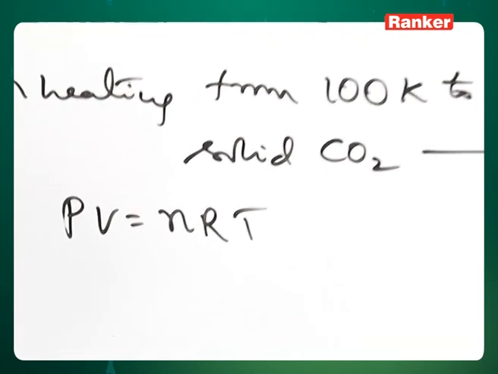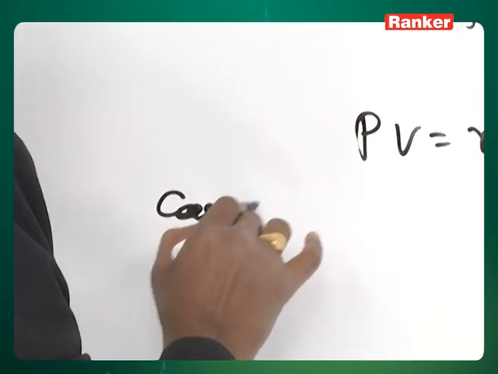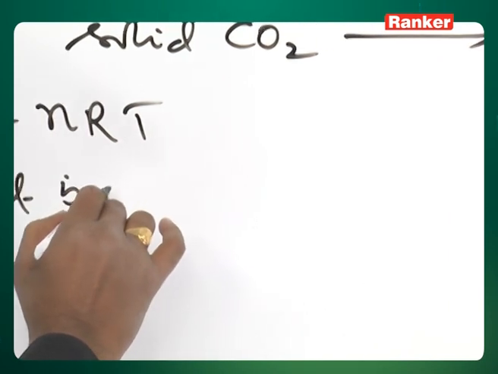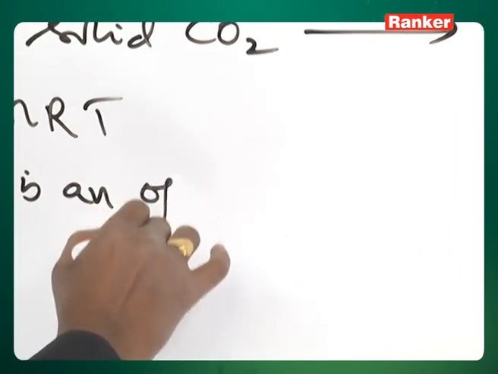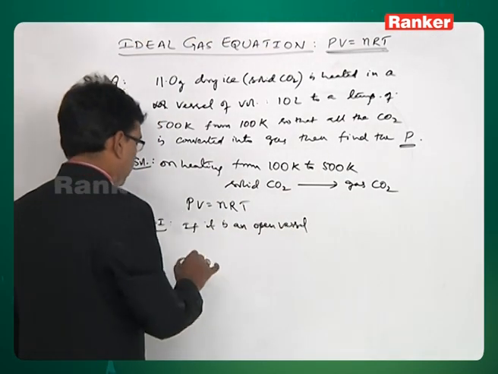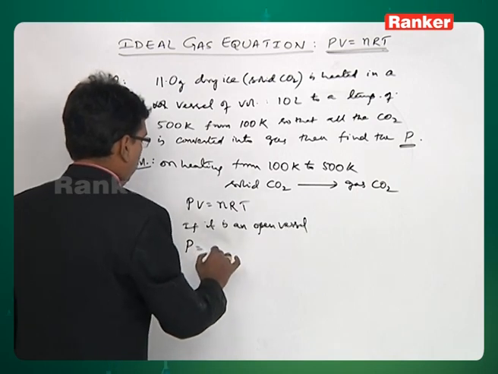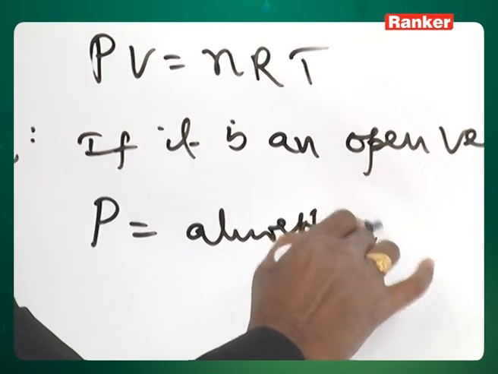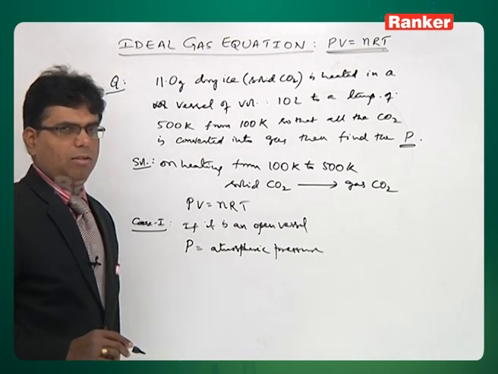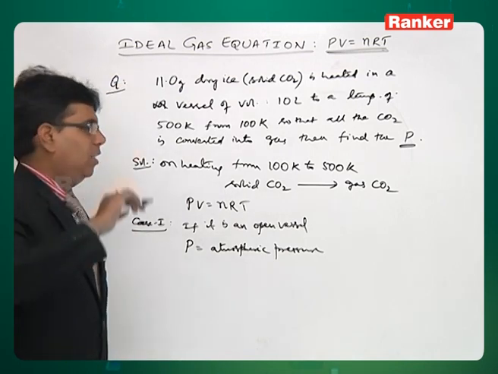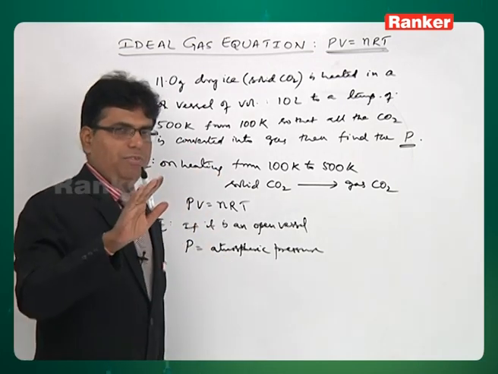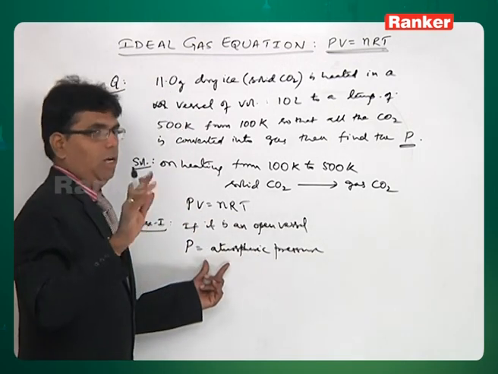But the condition is that if it is an open vessel, then pressure is equal to atmospheric pressure, because in an open vessel the pressure exerted by gas is same as the atmospheric pressure. So, no need of doing any calculation, pressure will be equal to atmospheric pressure.